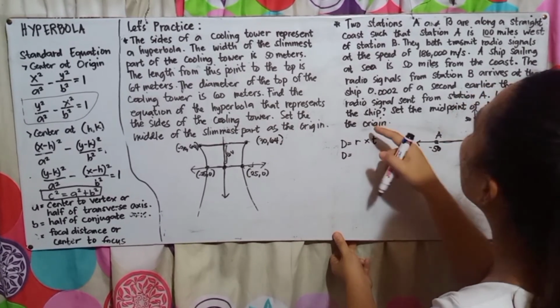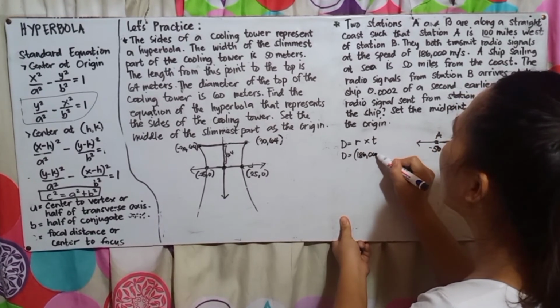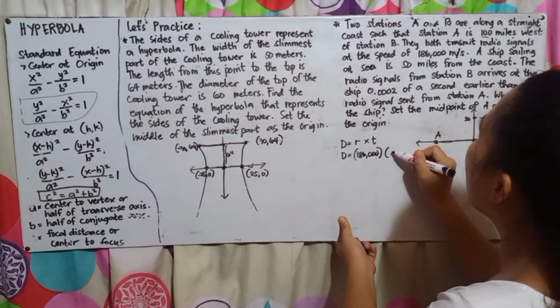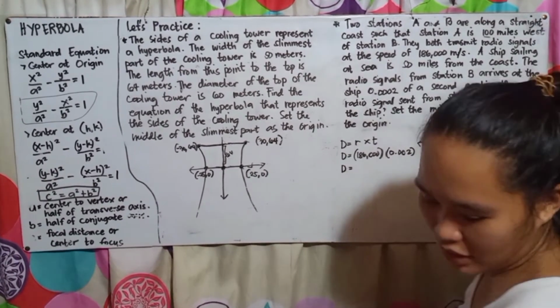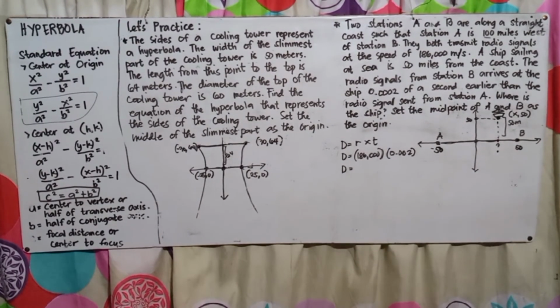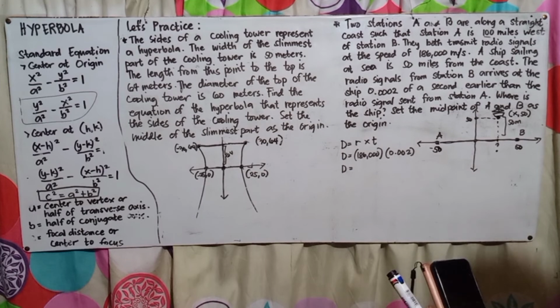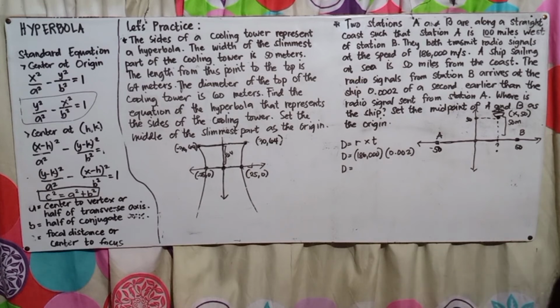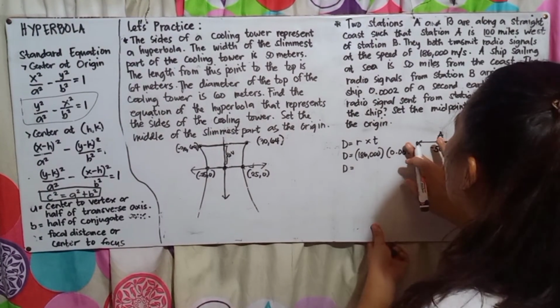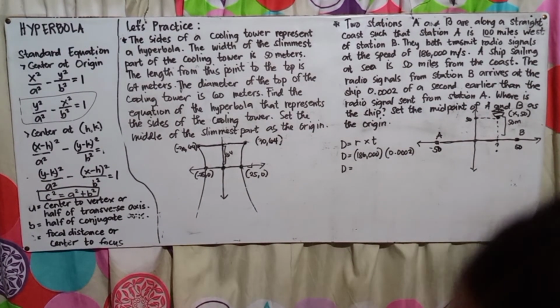So the given rate, 186,000, we multiply by the time, 0.002. 186,000 times 0.002. So the distance is 372.